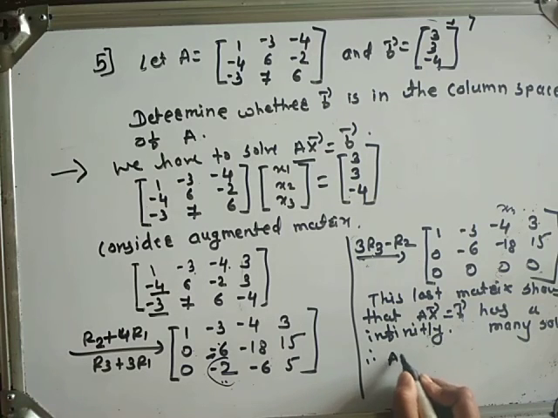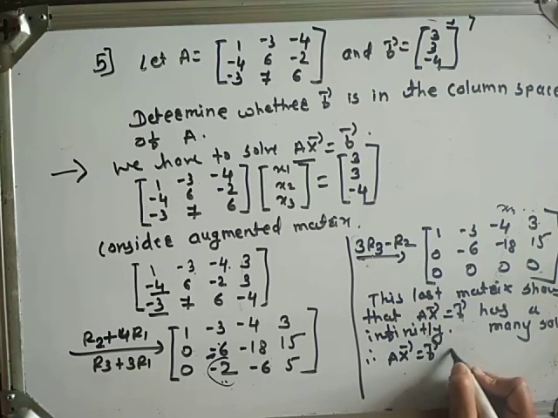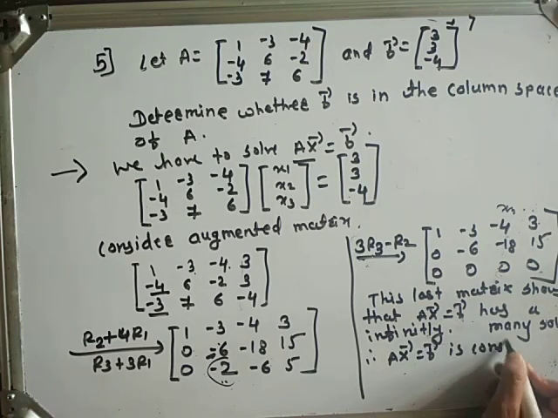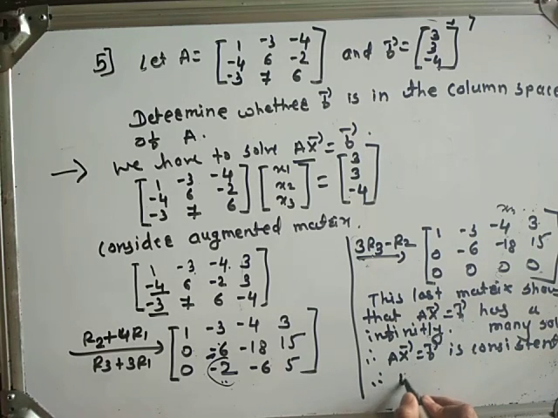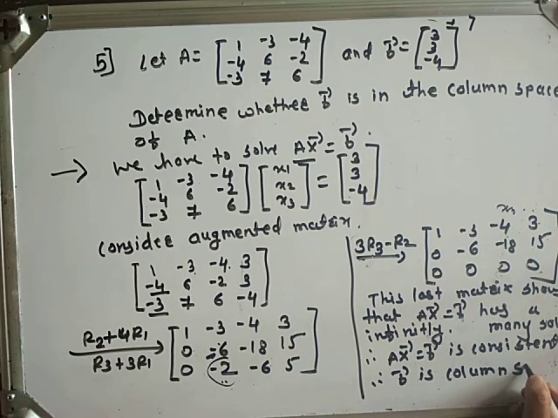Therefore, A into x bar is equal to b bar is consistent. Therefore, b bar is in column space of A. Okay, we will stop here. Thank you.